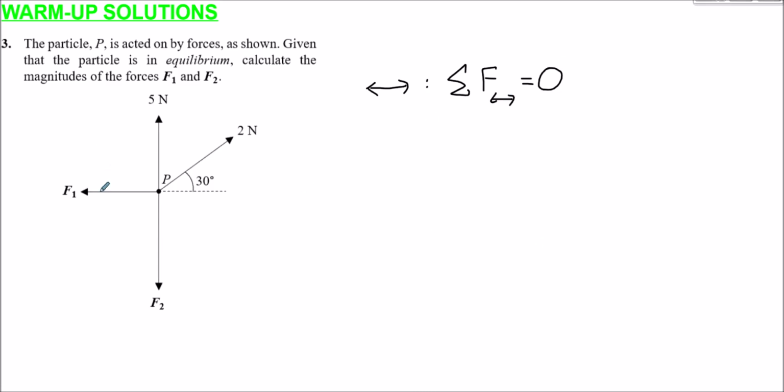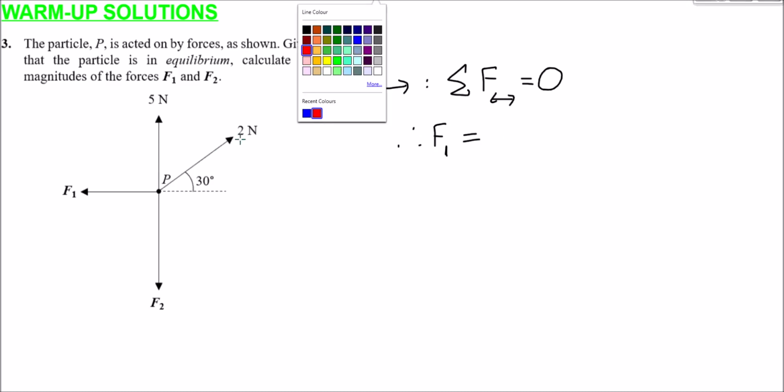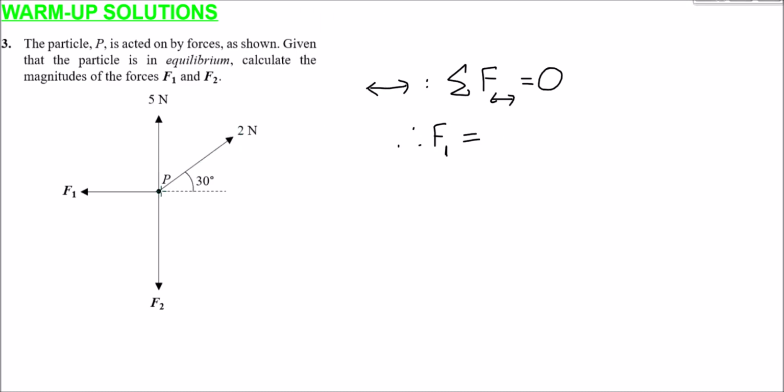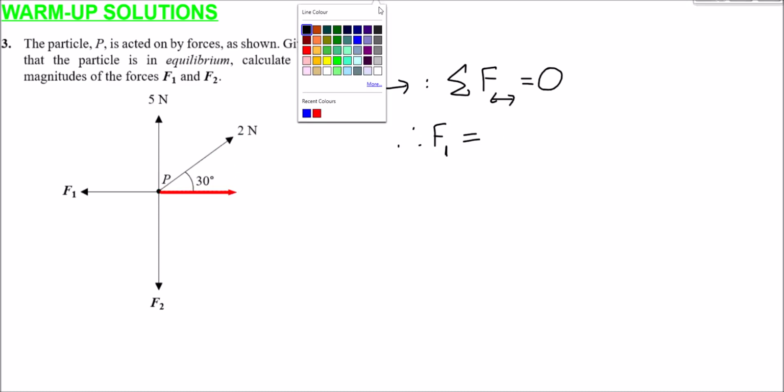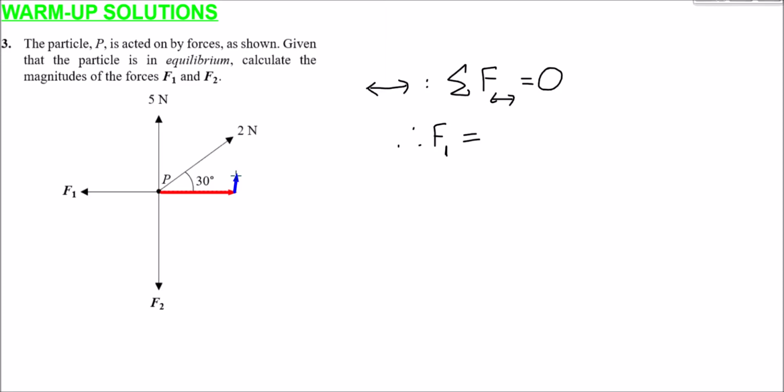So the forces acting to the left, the only one here is just F1. So therefore F1 will be equal to the forces going to the right. And there's only going to be one force, which is from this 2 Newton force, which we can resolve along this direction, and we can also resolve vertically too.